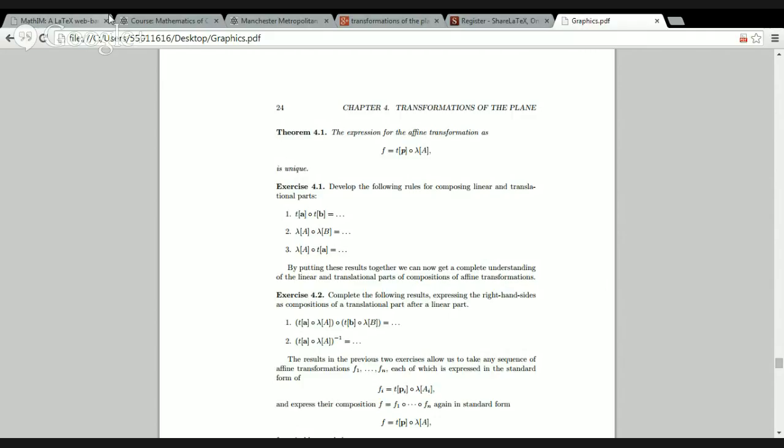So this is verified by the fact that the columns minus 1, 0, 0, minus 1, these columns are the vectors minus i and minus j, respectively, which are the images of i and j under rotation by pi.